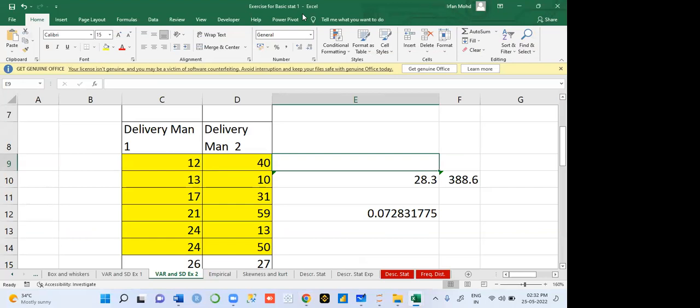Guys, compute mean for both. You know how to compute variance.